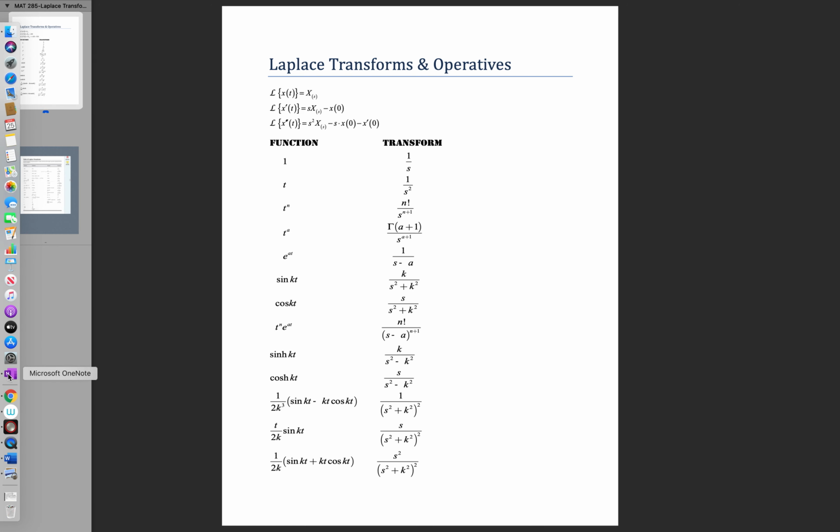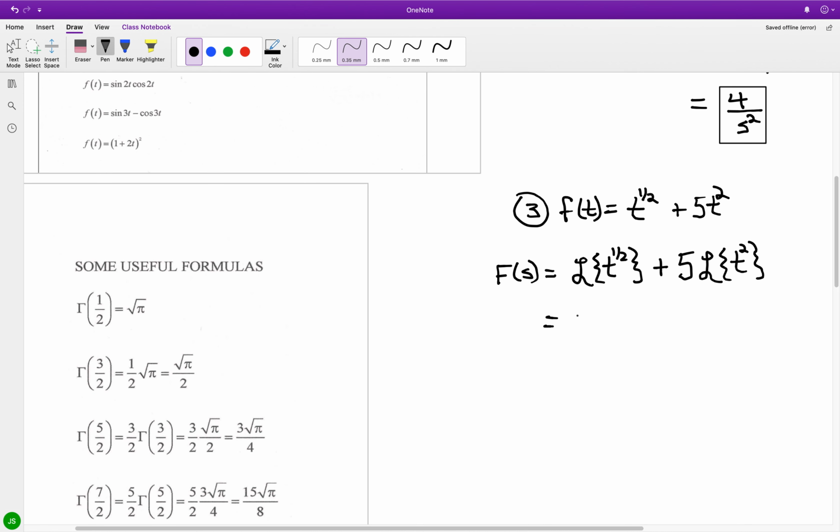And so taking what we have now, we have gamma of 1/2 plus 1 all over s to the 1/2 plus 1. And for t squared, with n factorial, this would be 2 factorial all over s to the 2 plus 1.